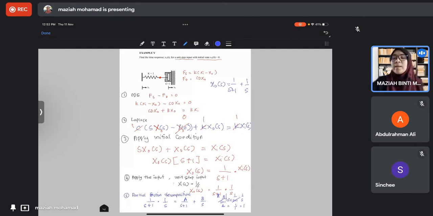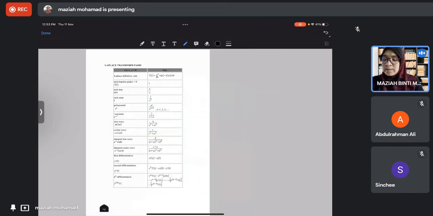Okay, so then there is step number 5, and then step number 6 is inverse. Okay, so you're going to inverse X naught s equal to 1 over s plus 1 plus 1 over s. So X naught s will become X naught t. 1 over s plus 1, we're going to refer to the table here.